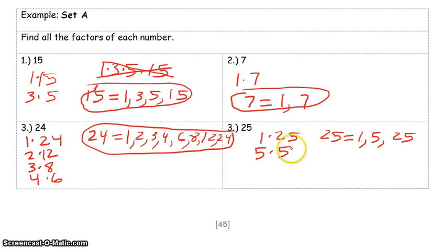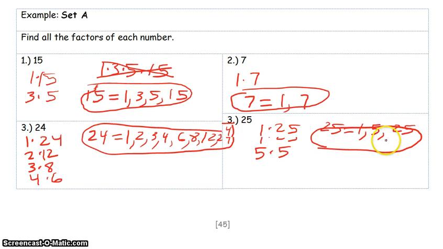Whenever you come to a situation where your factors are the same, you only write them once. So our final answer here, and you have to excuse me here, sometimes this pen jumps a little bit, but it's circled: 25 is equal to 1, comma 5, comma 25. And that is your final answer.